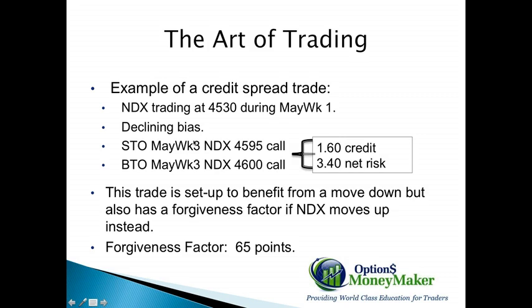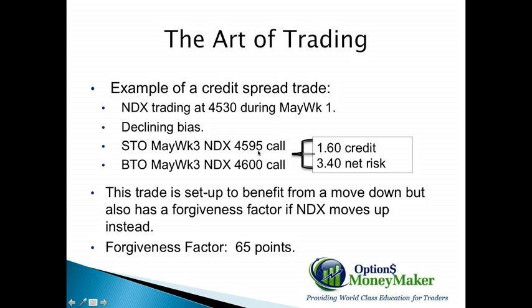Now, we typically place our expirations 2 to 4 weeks out from the current date. So we are trading in the middle of May week 1, and we went out to May week 3 in order to place our trade.